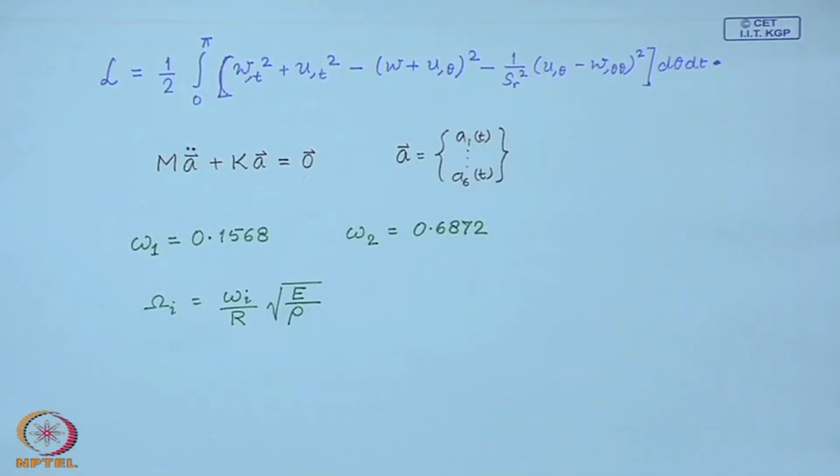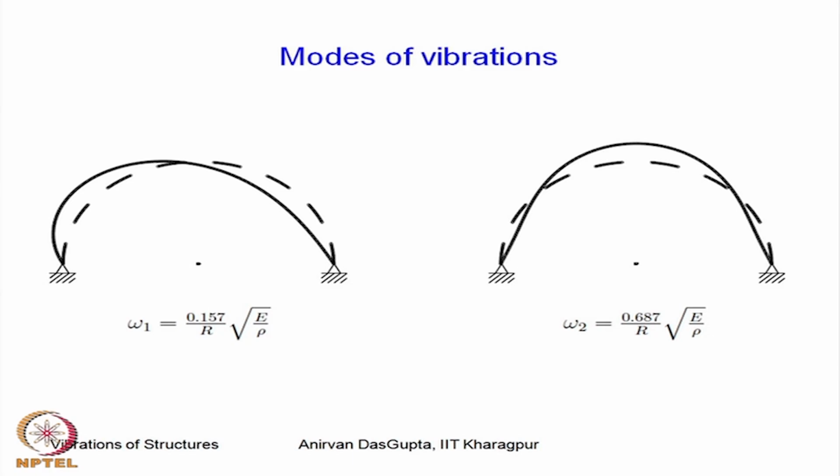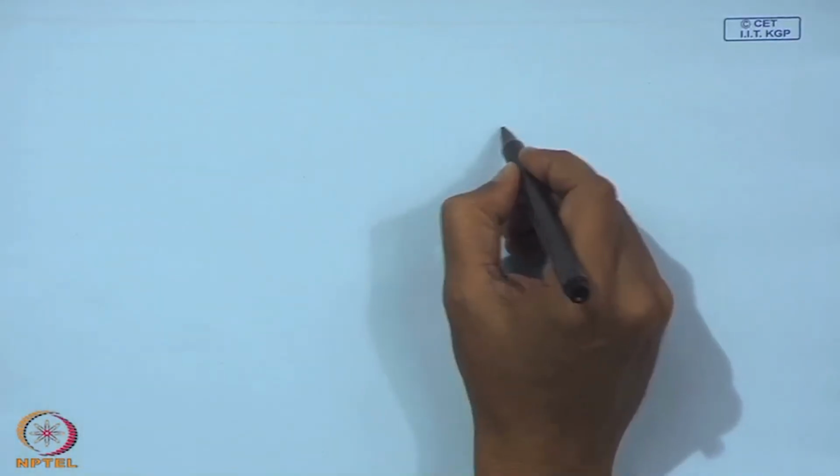Now, this figure shows the first two modes of vibration of the pinned arch. You can see that this is the unsymmetric mode and this is the symmetric vibration mode, which has a higher frequency. Now, in a similar manner you can perform this for a clamped arch.